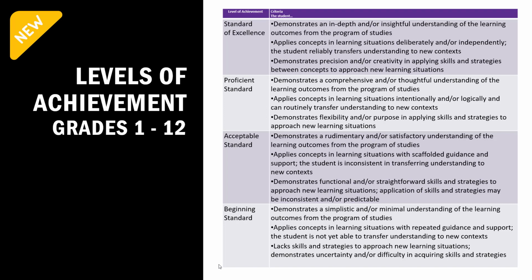The previous levels of achievement criteria had a lot of quantifiable descriptors: most of the time, some of the time, etc. Whereas in this new one, developed over many months, our steering committee made this to be a lot more about the quality of how the student demonstrates their learning.